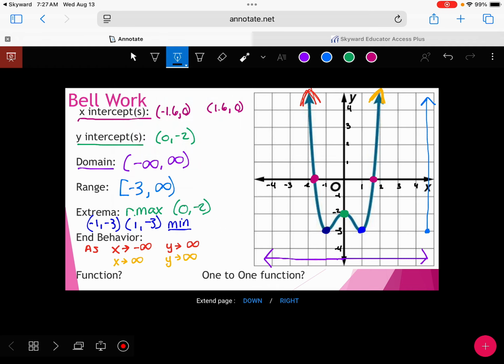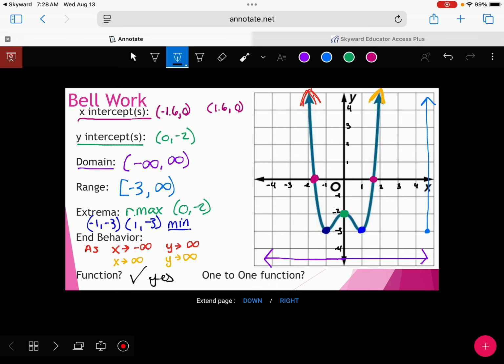Is it a function? Did I ever cross more than one time? So is it a function? It passes our vertical line test. So yes, just writing it out. So it passed our vertical line test, so then we can do the second one.